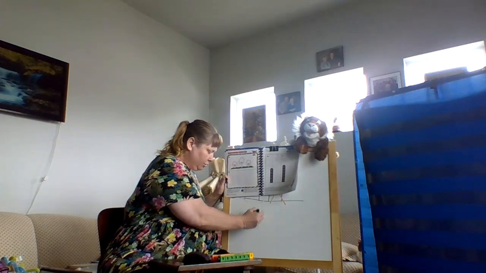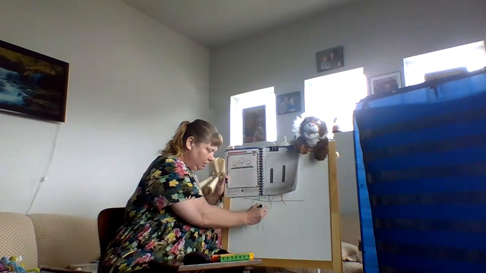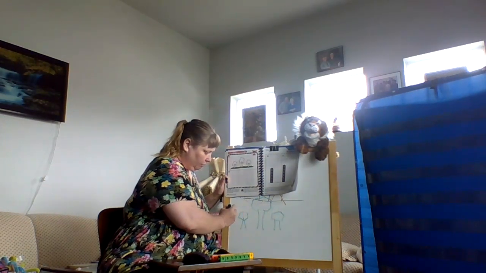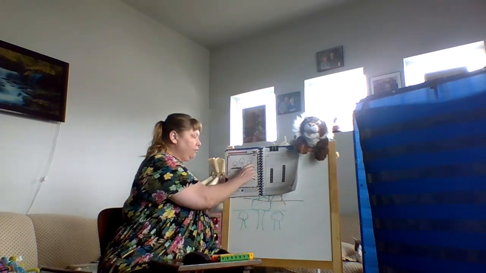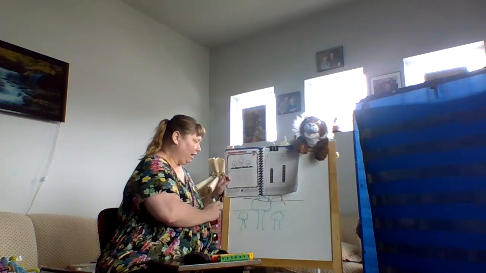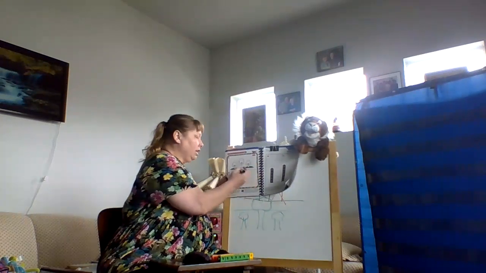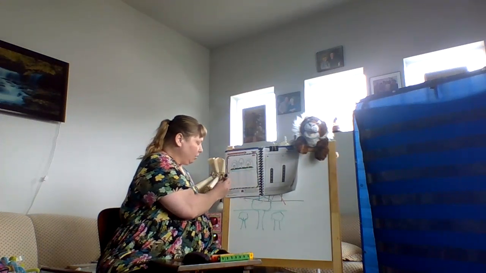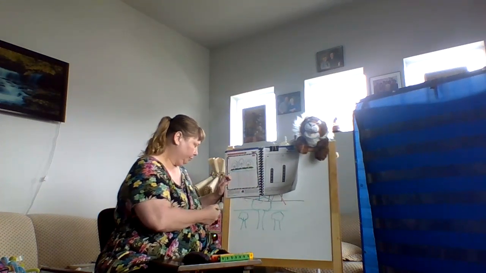The second tree is this tall. And the third tree is this tall. When we look, the first and the third are about the same height. So you would circle in your book the first and the third tree because they are about the same height.